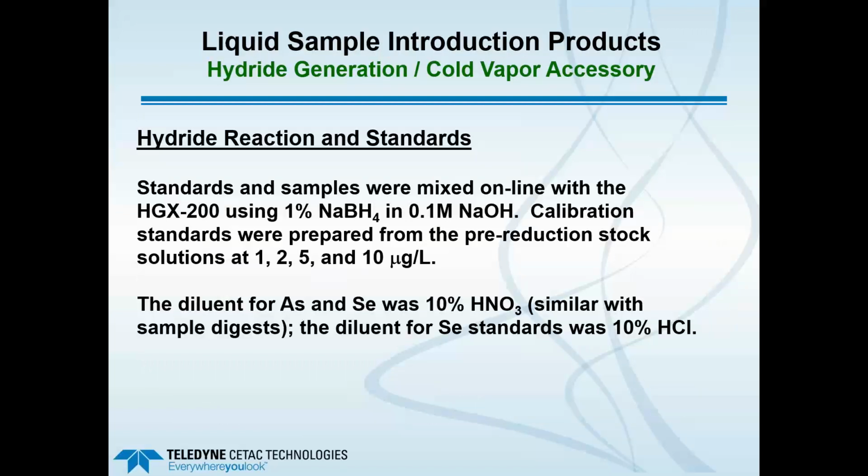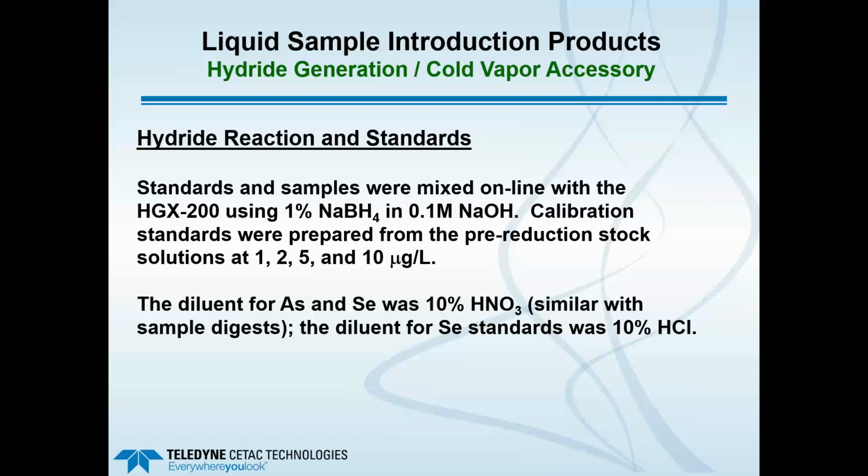So, hydride reactions and standards. Standards and samples are mixed online with a hydride generator using a 1% sodium borohydride solution in 0.1 molar sodium hydroxide. So it's a basic solution in order to keep the reagent stable. In some instances, you may need to add additional acid through the mixing block. If samples are sufficiently acidic, you may not have to do that.